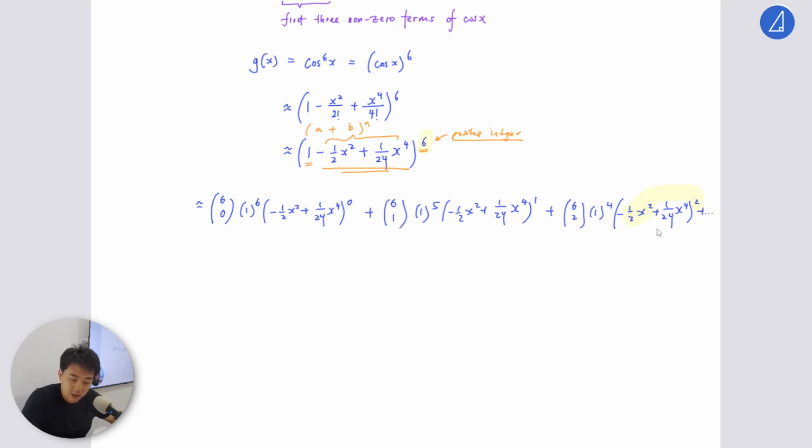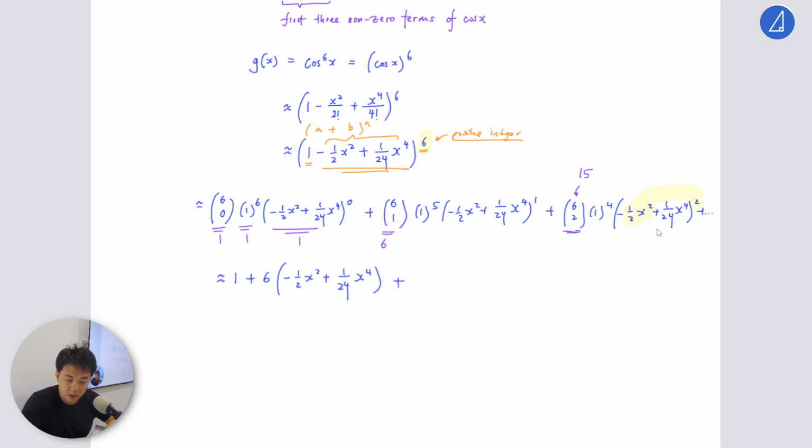Just expand everything. This is 1, this is 1, this is 1. Obviously everything is 1 here. This is 6. So it's 6 minus half x squared, then minus half squared, x to the power 4. 6 choose 2: use the calculator, this will be 15.